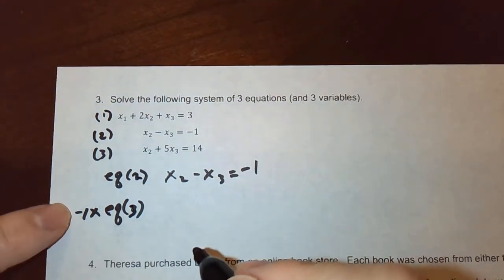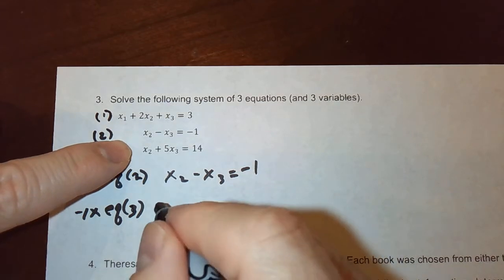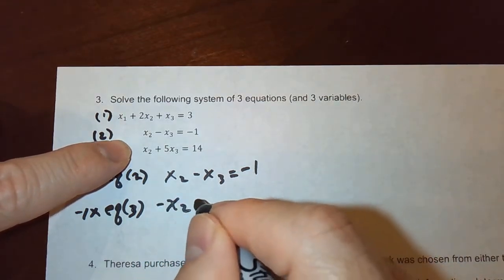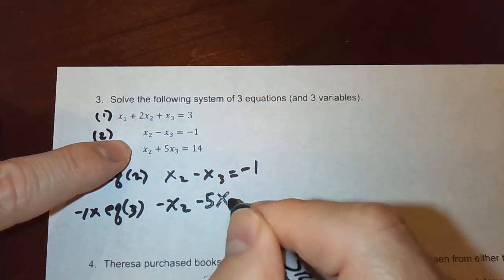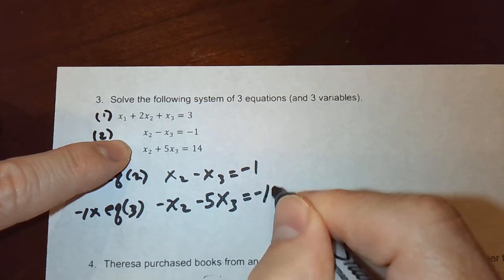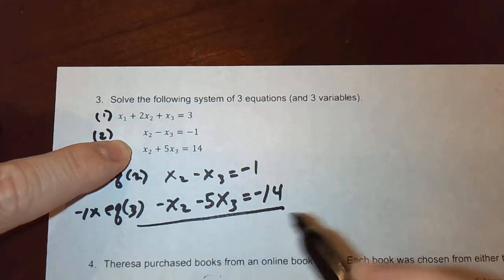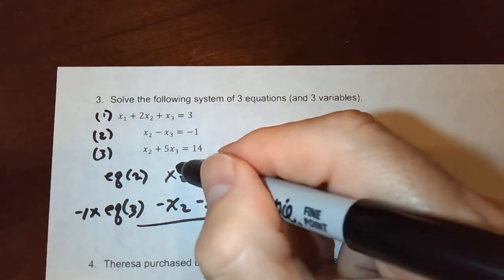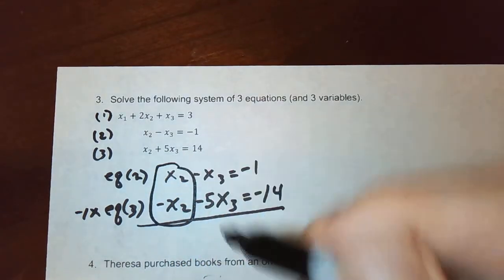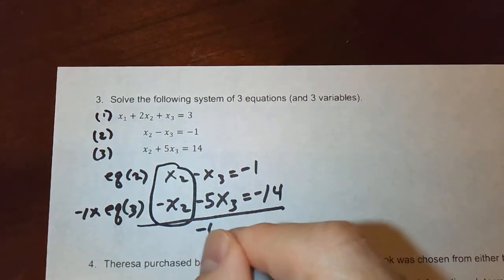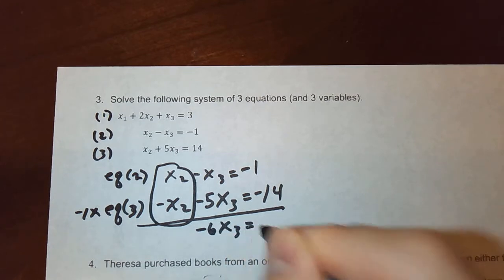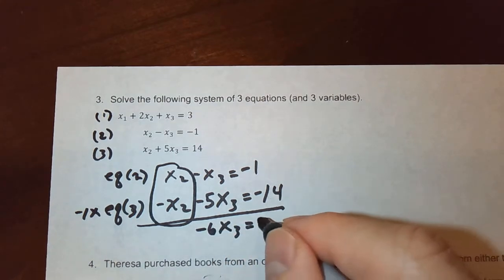Okay, and if I multiply negative 1 times equation 3, I get negative x2 minus 5x3 equals negative 14. Add these two equations together, and the x2's will cancel out, and we get negative 6x3 equals negative 15.